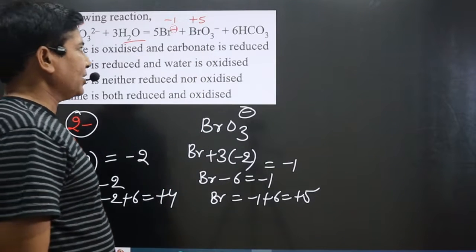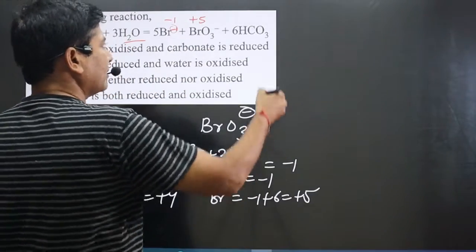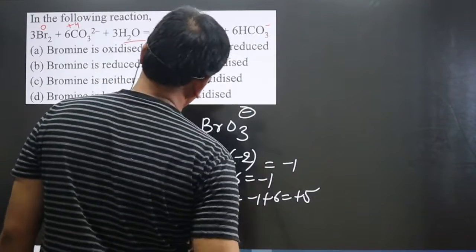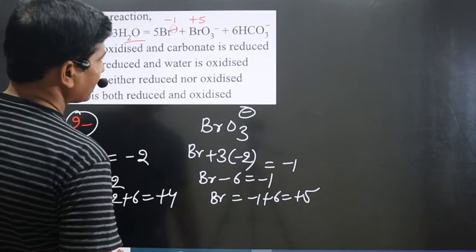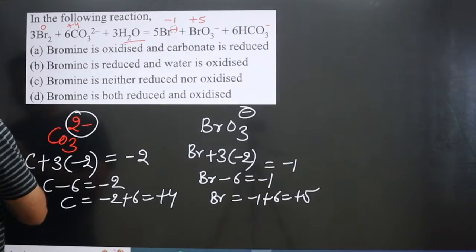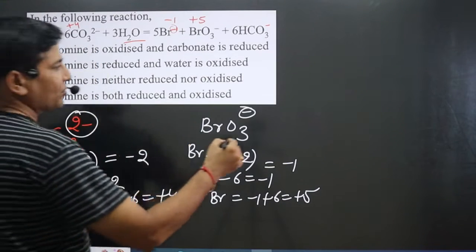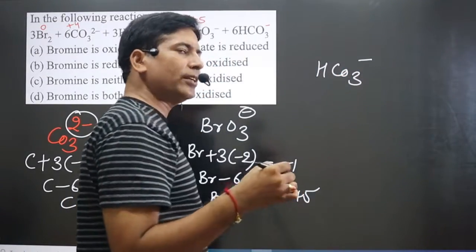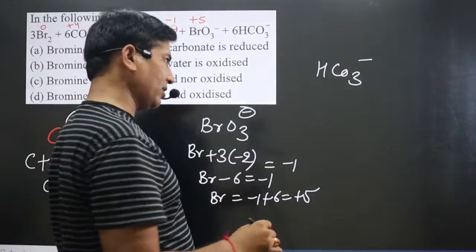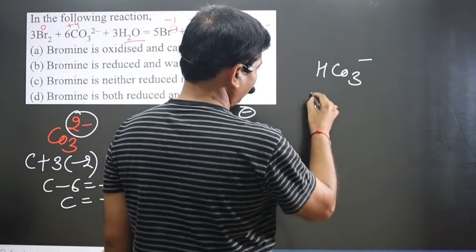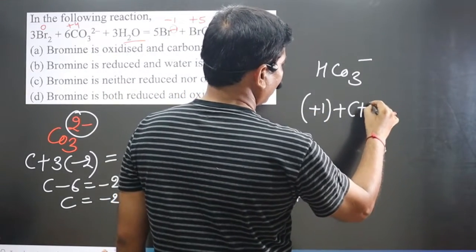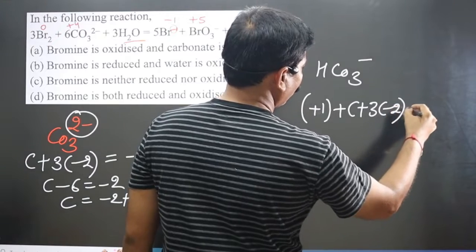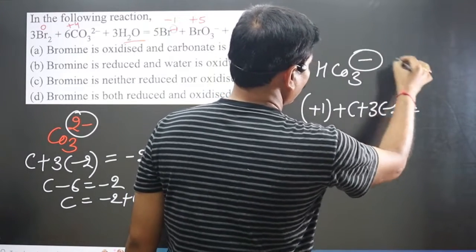Next we have HCO3 minus, with one negative charge. We can calculate the oxidation number of carbon also. Hydrogen attached to a non-metal always shows plus 1 oxidation number. For carbon we have to calculate: there are 3 oxygen, each minus 2, and the overall charge is minus 1.